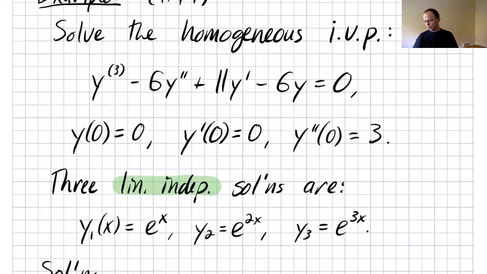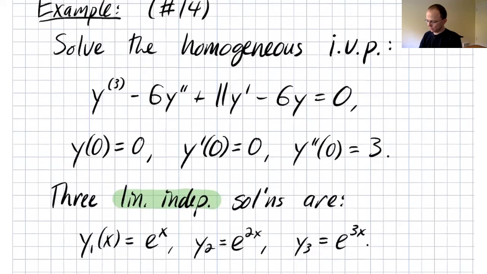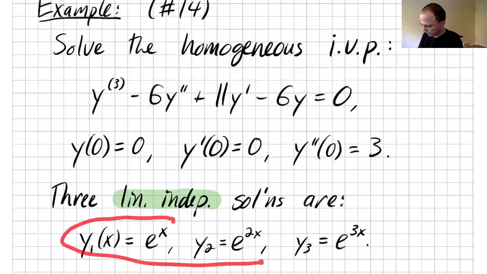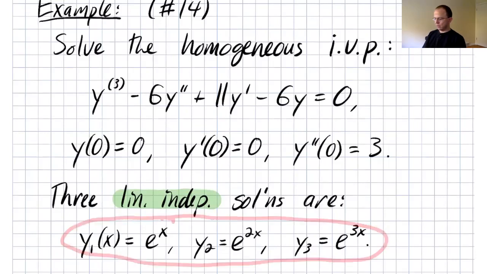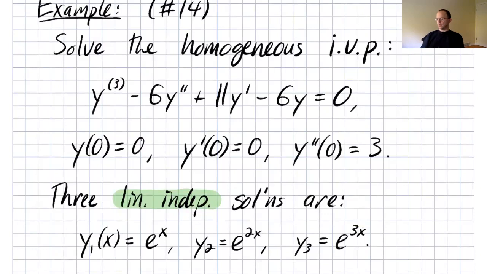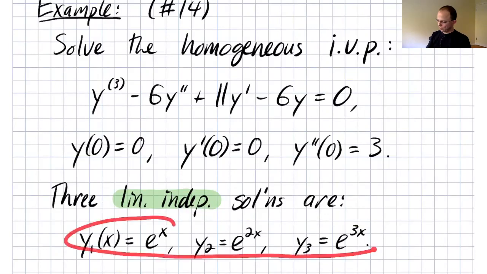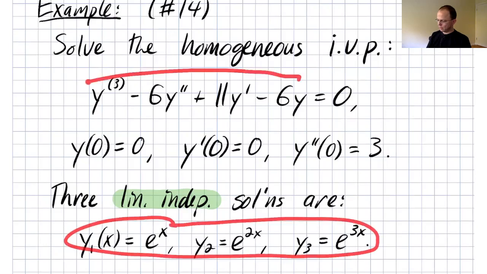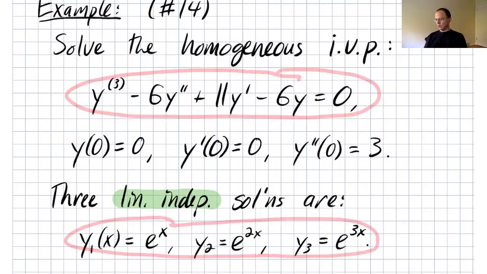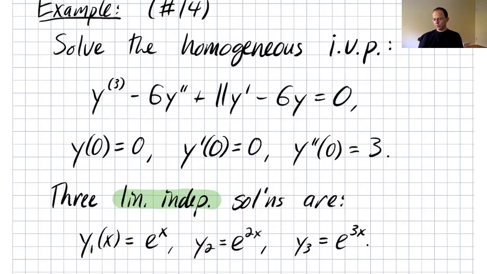So now that we know those three functions are linearly independent, these three functions are actually the solutions of the same homogeneous differential equation. So in fact, all three of these functions are solutions of this, it's like a 3rd order differential equation.